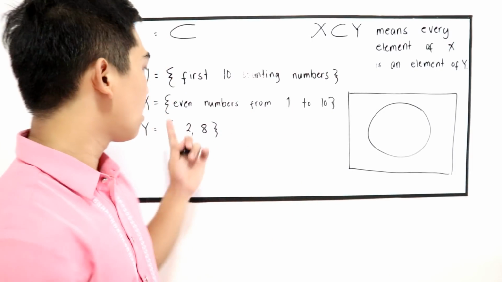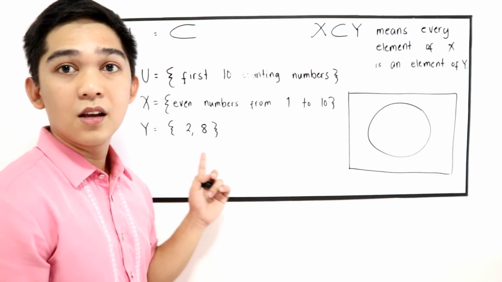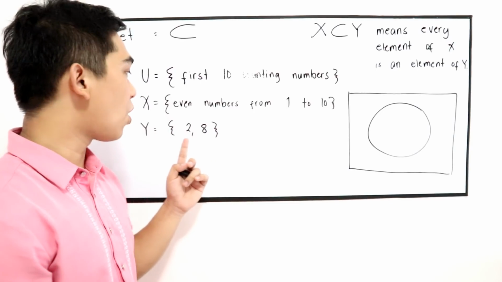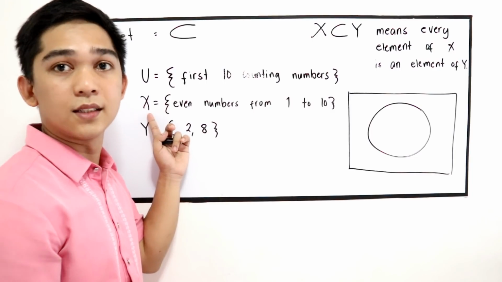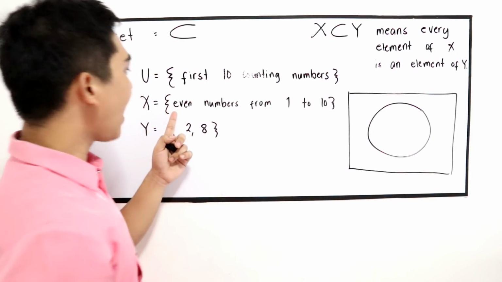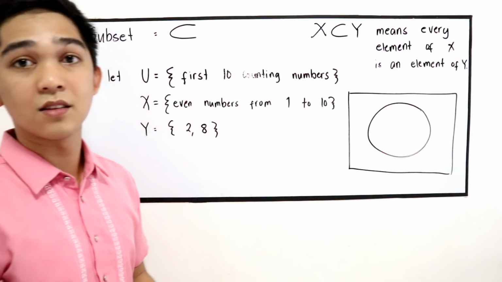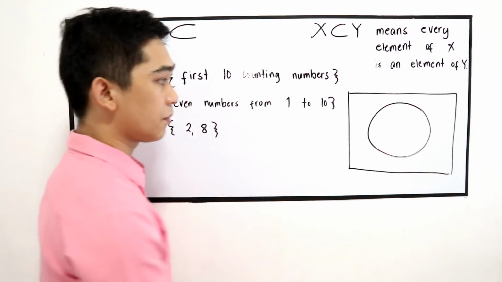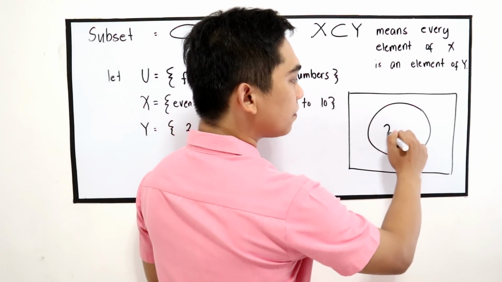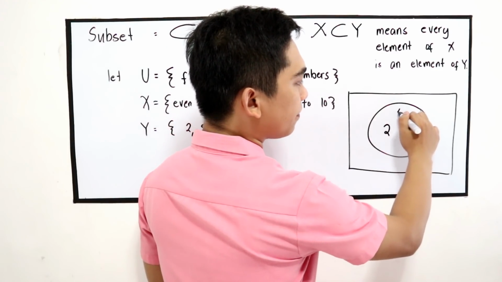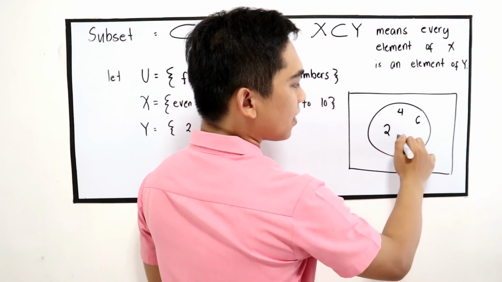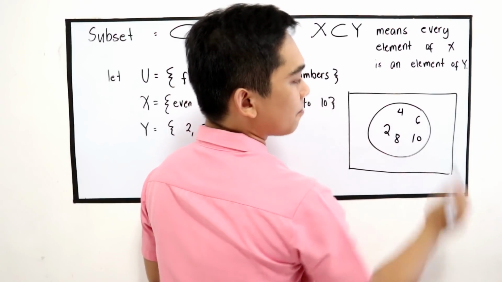That means this set is smaller than the other one. So X is the even numbers from 1 to 10. What are those numbers? We have 2, 4, 6, 8, 10.